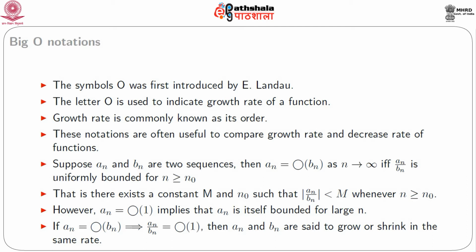However, a_n equal to big O of 1 implies that a_n is itself bounded for large n. Now, if a_n equal to big O of b_n, then the ratio a_n by b_n is big O of 1, and then a_n and b_n are said to grow or shrink at the same rate.